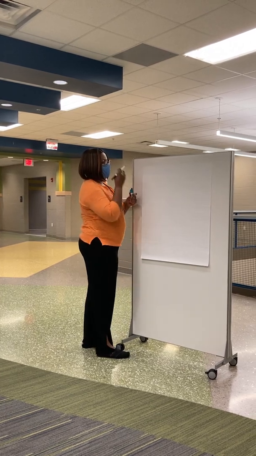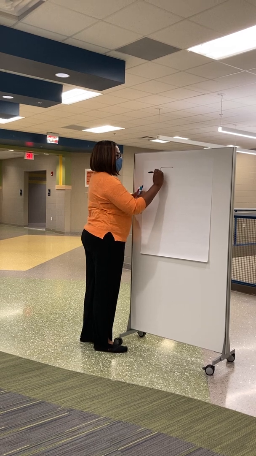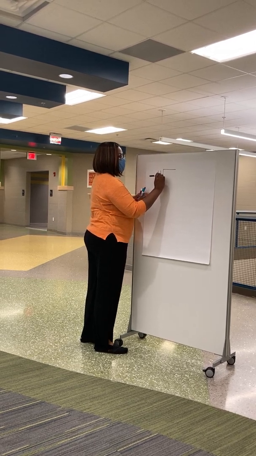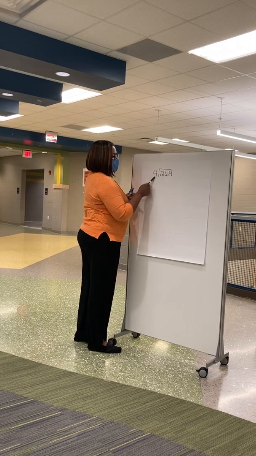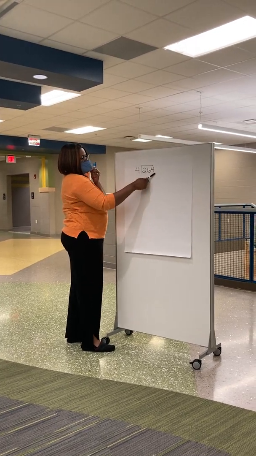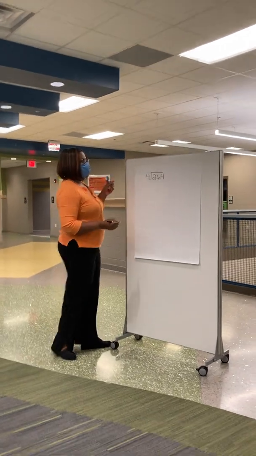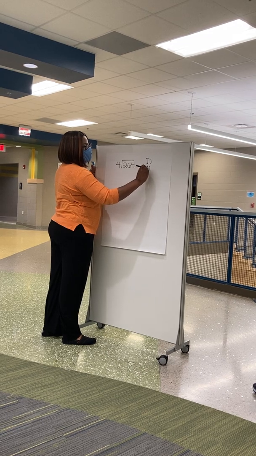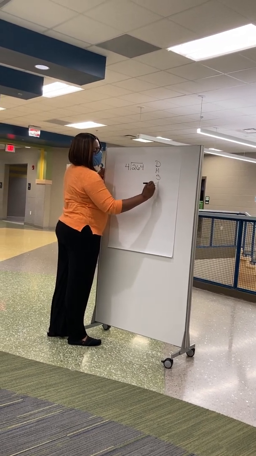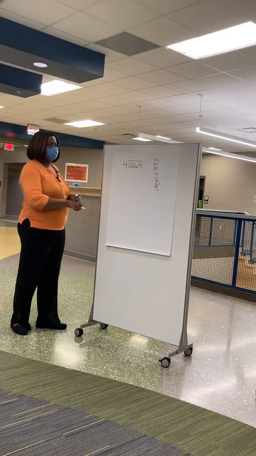So 4 goes outside, and 264 is our dividend. 4 is our divisor. I'll start with our steps. Divide, multiply, subtract, bring down, repeat.